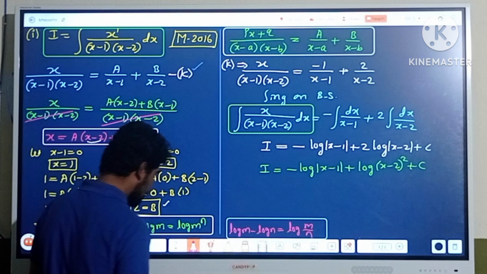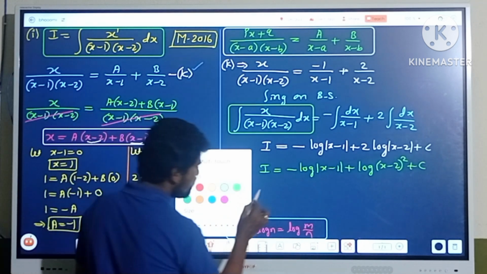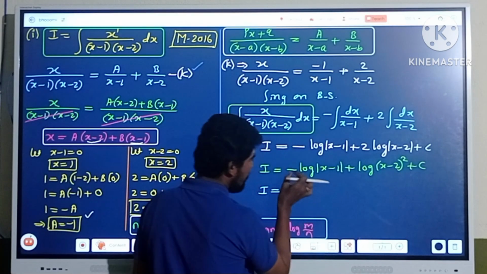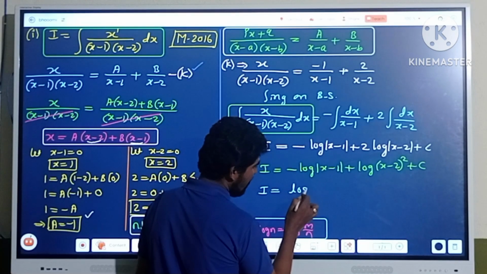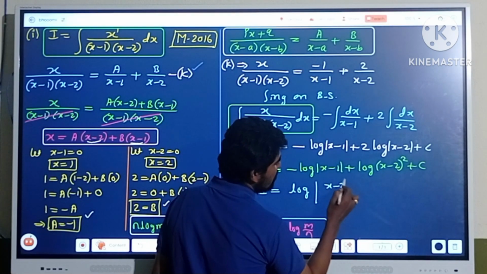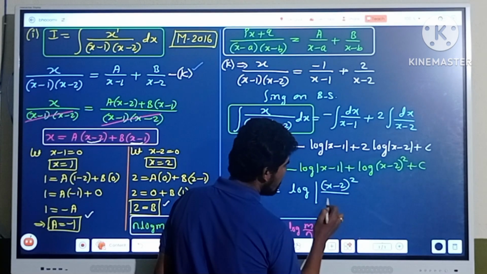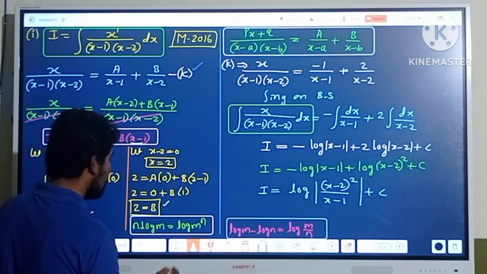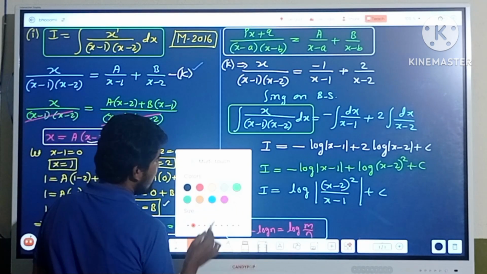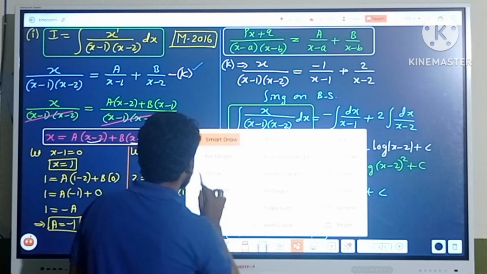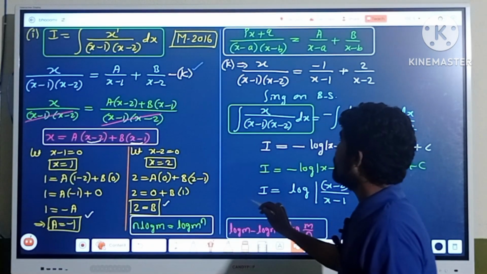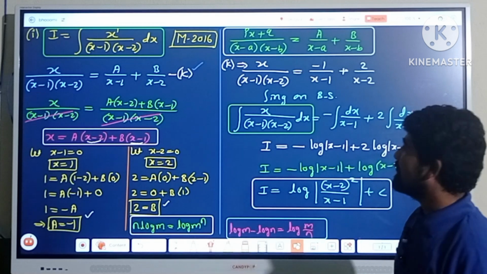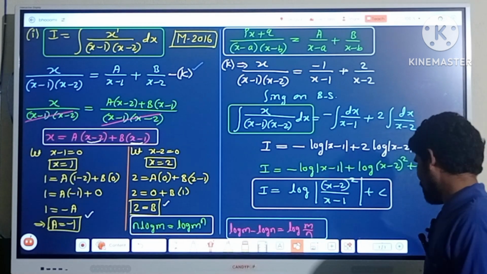Therefore by using this property of log, I equals log m minus log n can be expressed as log of x minus 2 whole square divided by x minus 1 plus c. And this is the final answer for the given integral problem, integration of x divided by x minus 1 into x minus 2 dx. I hope all of you understood.